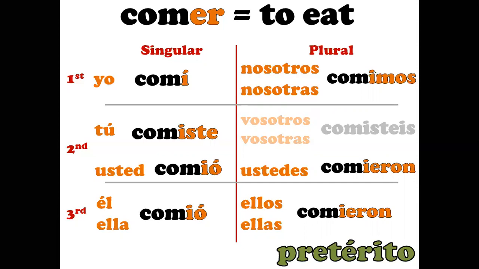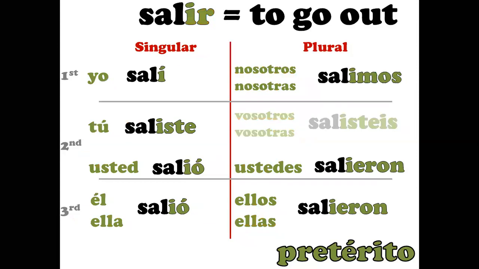Comió, it could mean he, she, you sir, you ma'am. Nosotros comimos, we ate. Ustedes comieron, y'all ate. And ellos, ellas, both mean they in English, comieron, they ate. And the endings are exactly the same for IR and ER verbs.